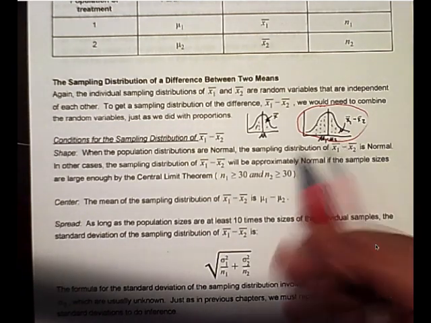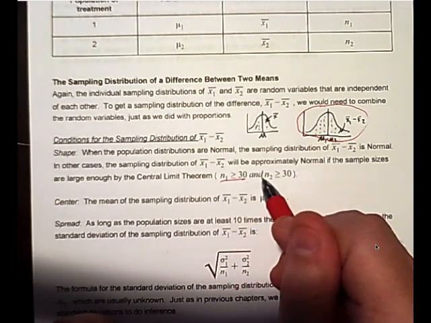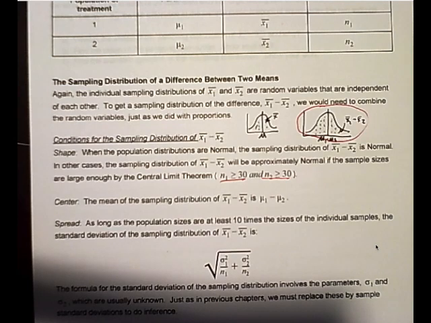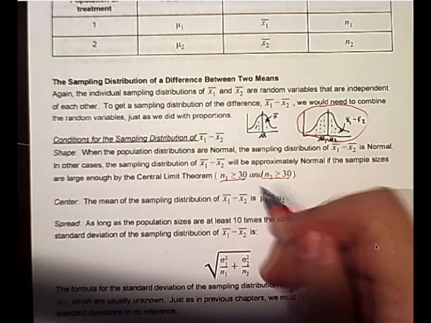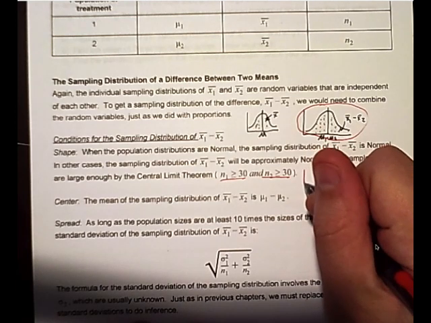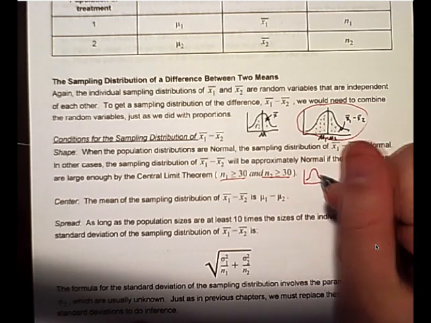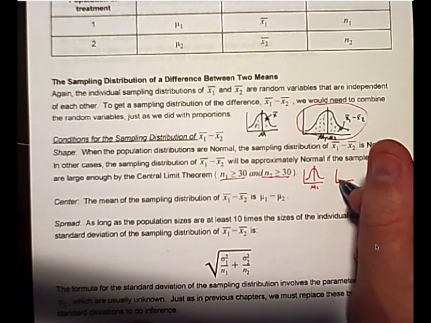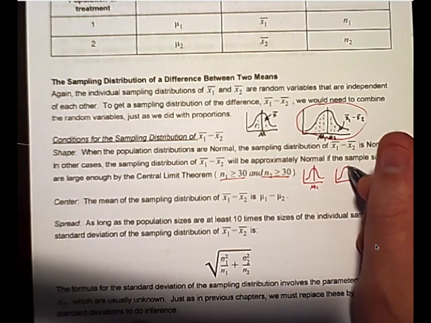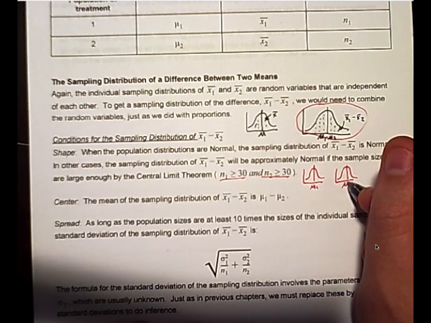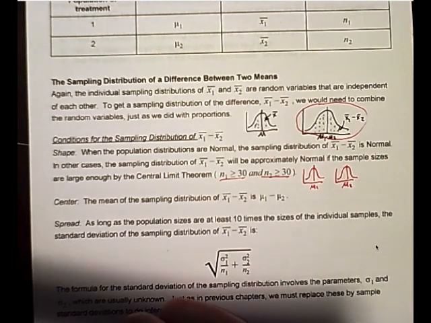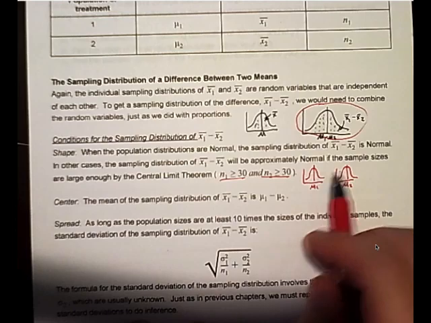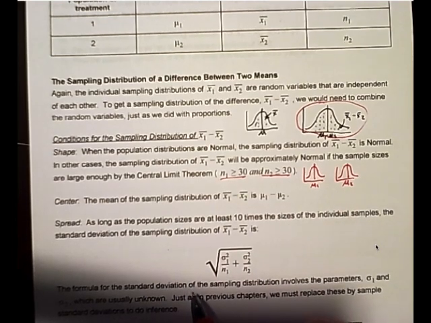Or if the sample sizes of both groups are bigger than 30. If the first one is bigger than 30, then the sampling distribution of X bar 1 would be approximately normal, and if the second one is bigger than 30, then the sampling distribution for X bar 2 would be approximately normal, and when you combine those, we could say that's approximately normal.